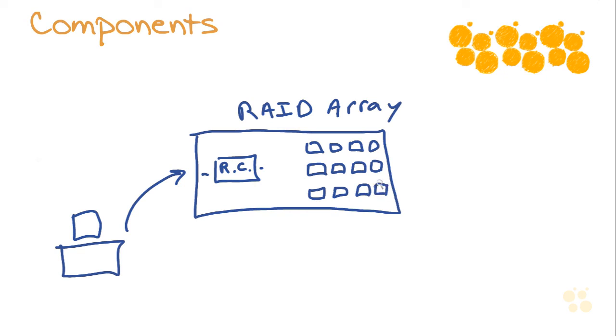Whew. Okay, now what we can do is we can go ahead and we can, let me grab a different color here. We can go in and we can define groupings of these disks as what are called RAID groups or RAID sets. So there you go.